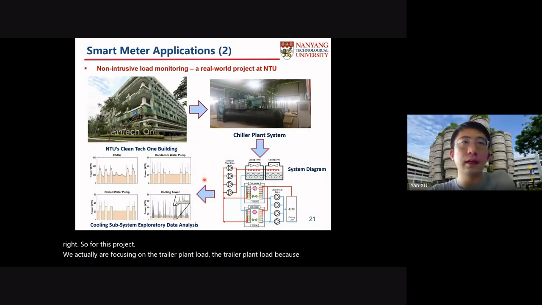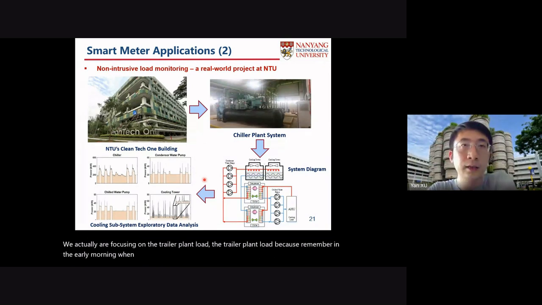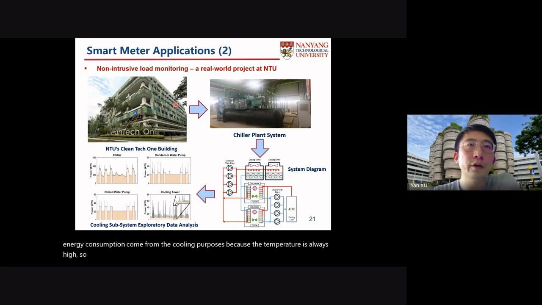a large part of the energy consumption comes from cooling purposes because the temperature is always high. Right? So in this building on our campus, called the Clean Tech 1 building, there is a big chiller plant.